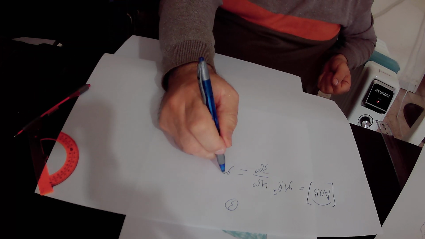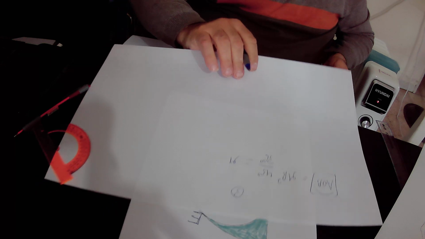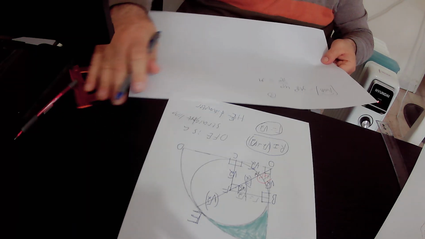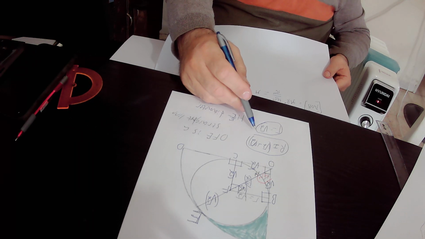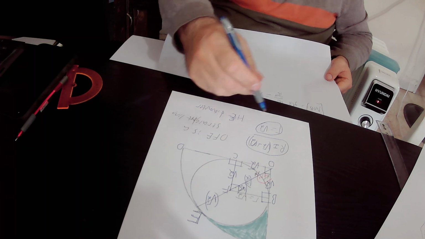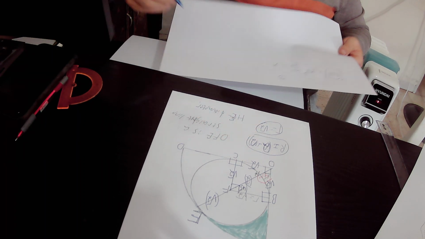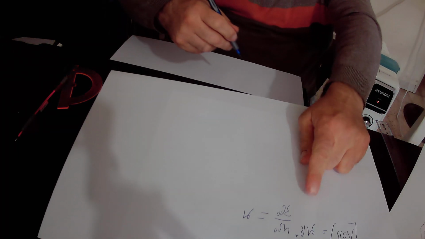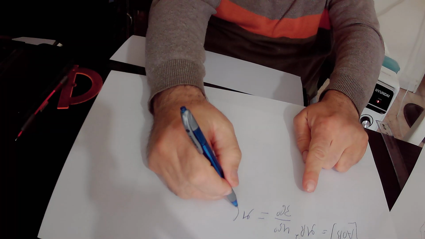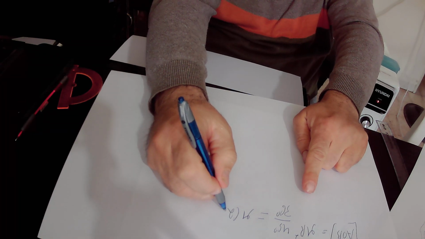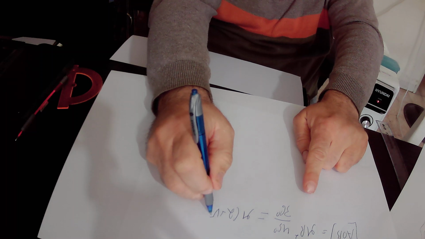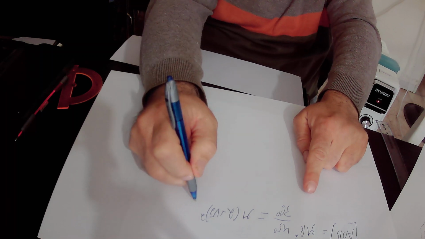So it is pi, and we have already found that capital R equals 2 plus square root of 2. If capital R equals 2 plus square root of 2, it means that capital R squared equals (2 plus square root of 2) squared.